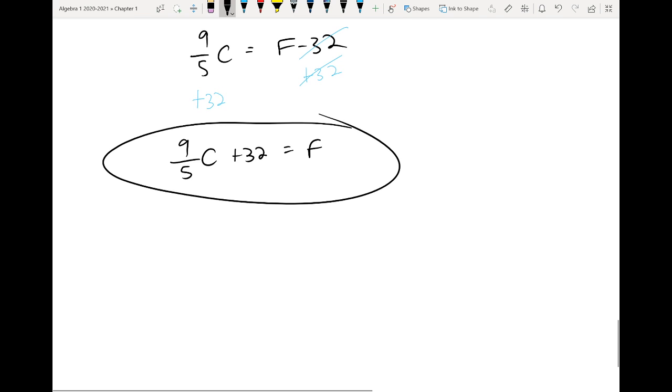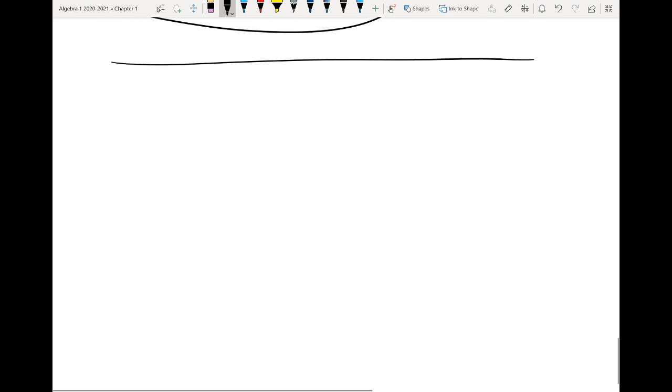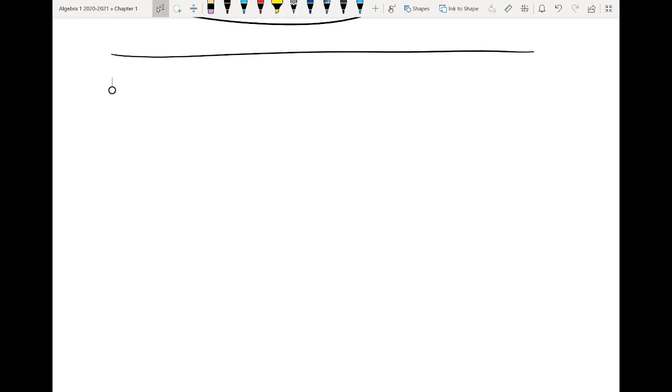Our last problem for today, saying that you're going to deposit $3,500 in an account that earns 4% simple interest, which is not something to be too concerned about. It just means that that's a straight interest calculation.